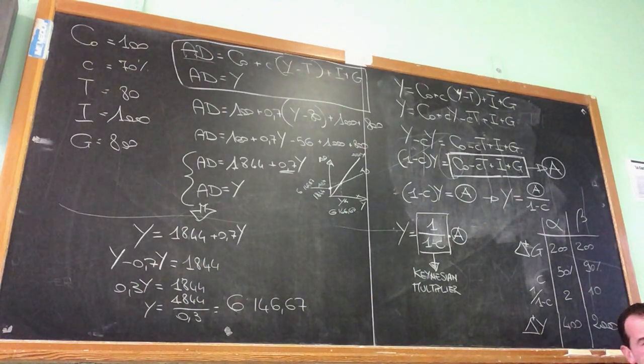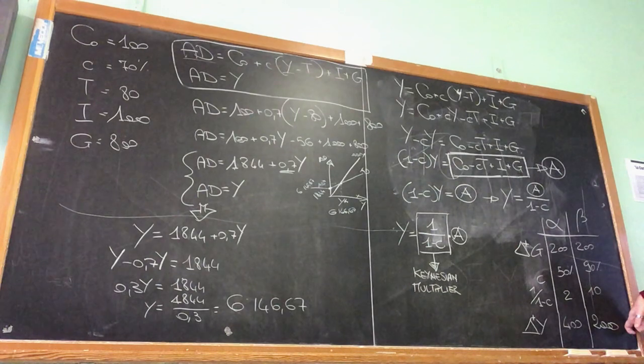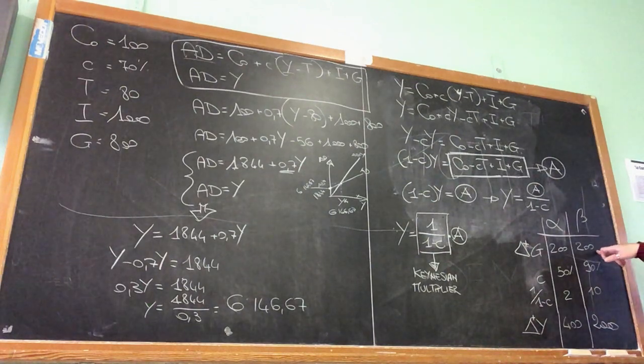You see the difference? The income in state beta is much higher than in state alpha, right? But the state made the same effort. In both states, the state increased its expenses by 200.